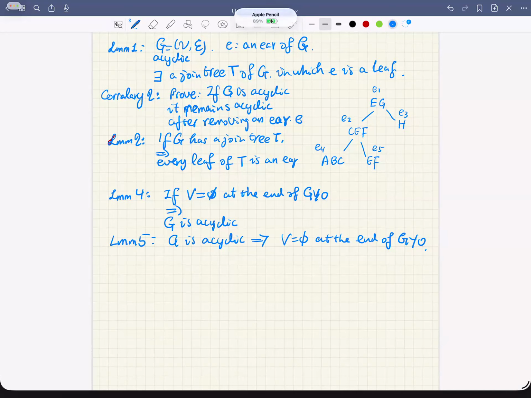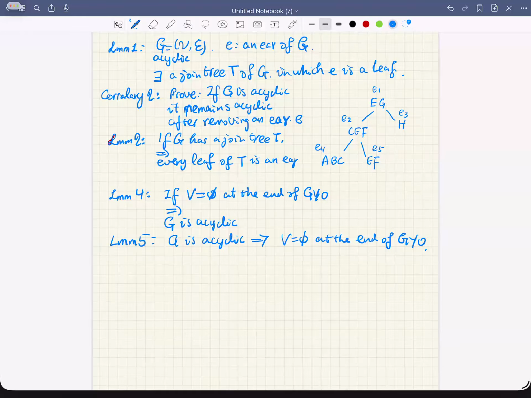Since G is acyclic, G has a join tree, and therefore it definitely has at least 2 ears. Anyway, we need only one. So you cannot say that G has no ears. And therefore, GYO will have to go into one iteration, because it cannot say, I didn't find any ears, because there are ears there.